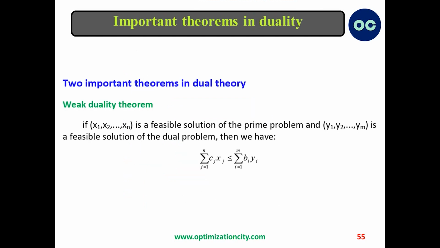Okay, there are 2 important theories in duality theory. The first one is the weak duality theory. The weak duality theory states that for any feasible solution to the prime and dual linear programs, the objective function of the prime model will always be less than or equal to the objective function of the dual model.